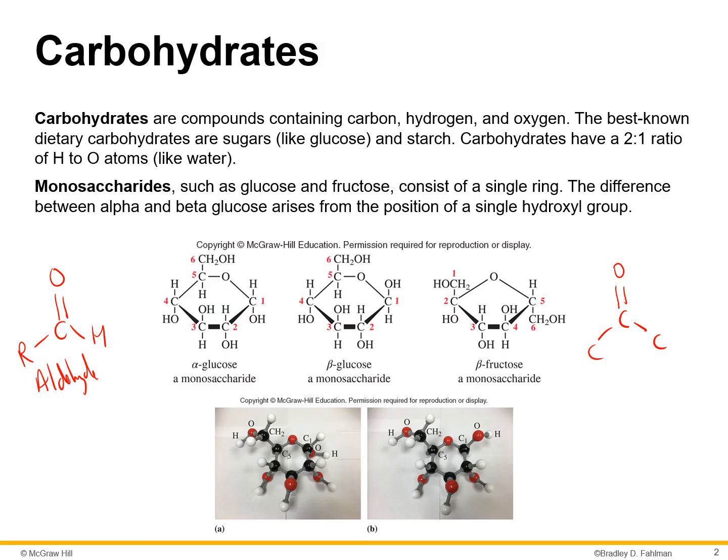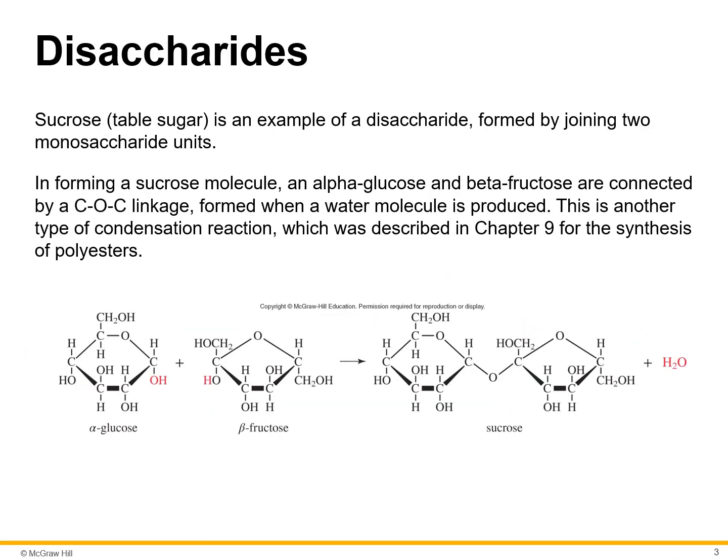And when these two monosaccharides come together, they will form a disaccharide. So disaccharides, sucrose, as I just mentioned, comes from two monosaccharide units coming together to form a glycosidic bond.